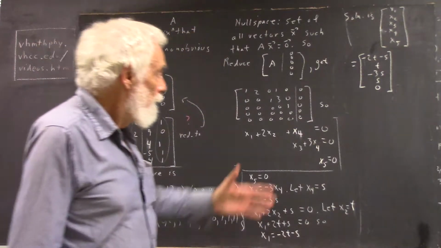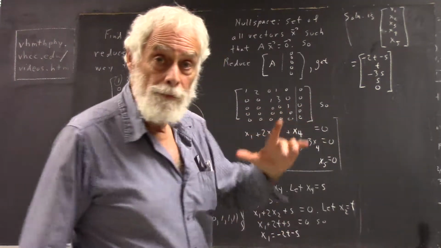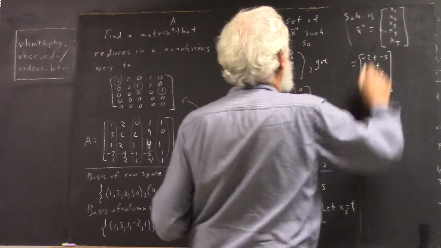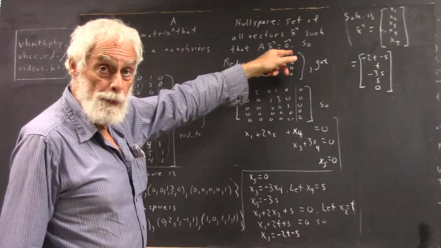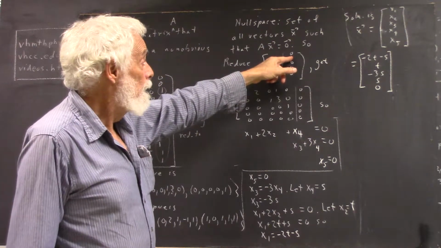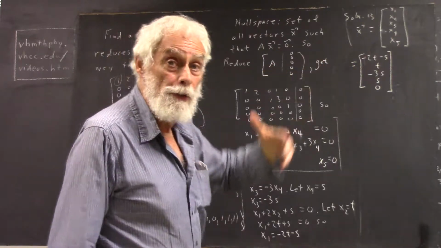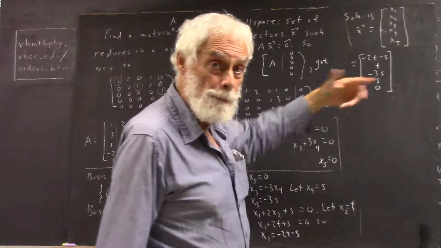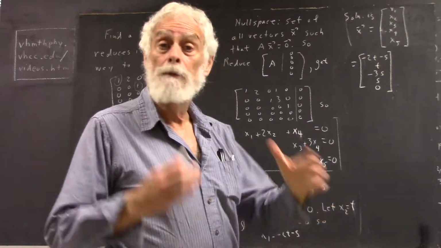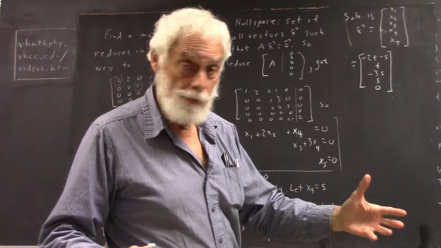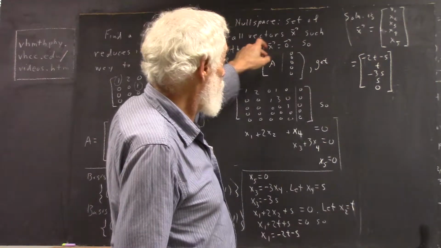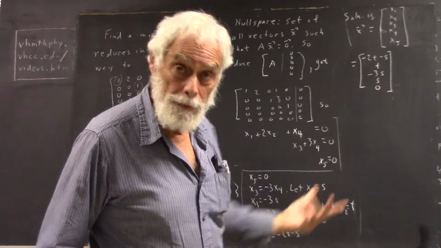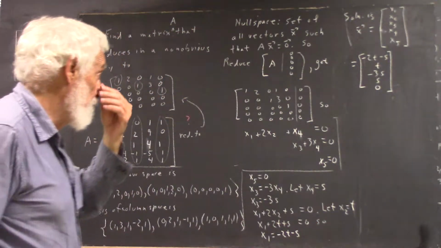Okay, so this tells us that any vector x that satisfies this equation Ax equals 0, and that means any vector x in the null space, has to have this form for some t and some s. Also, for any t and s you might want to choose, this vector is in the null space. This vector always maps to the 0 vector, if I've done the algebra correctly, and you can check me on that.